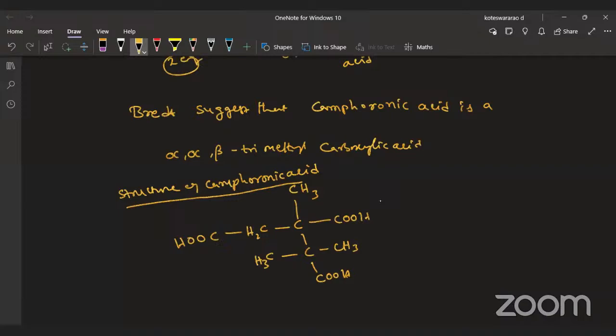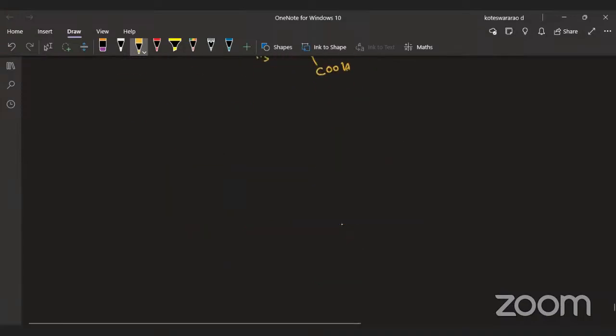Now, by using this structure, by using his suggestion, we can explain the formation of isobutyric acid and trimethylsuccinic acid. Two equivalents of isobutyric acid, one equivalent of trimethylsuccinic acid, two equivalents of carbon dioxide, and one equivalent of elemental carbon can be explained by taking this structure.